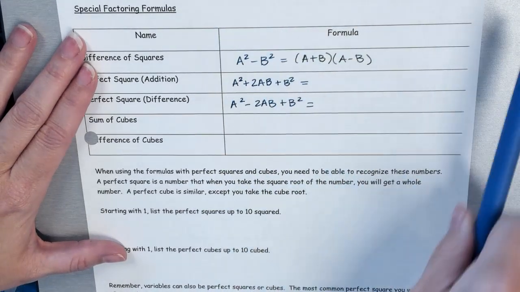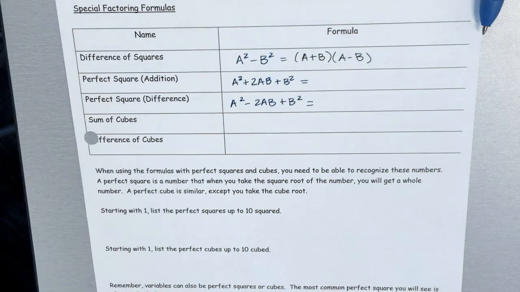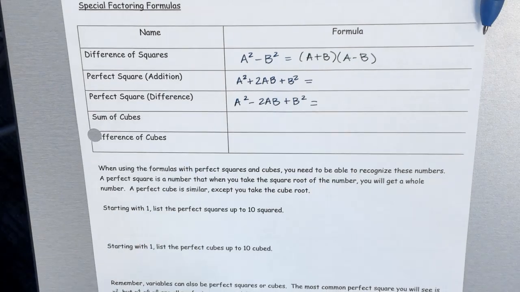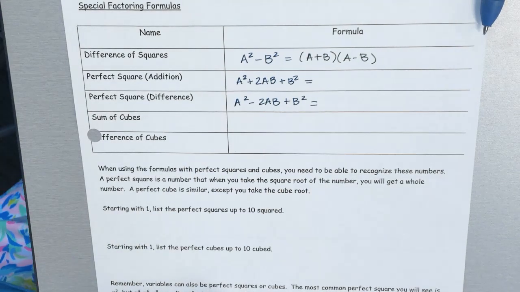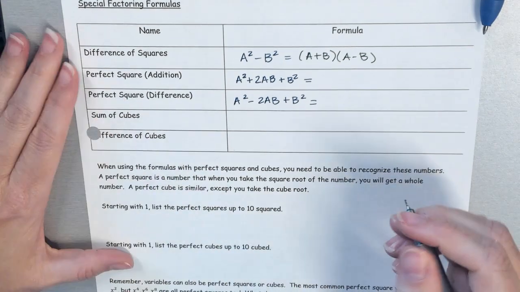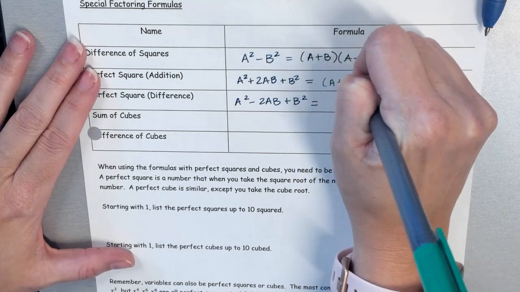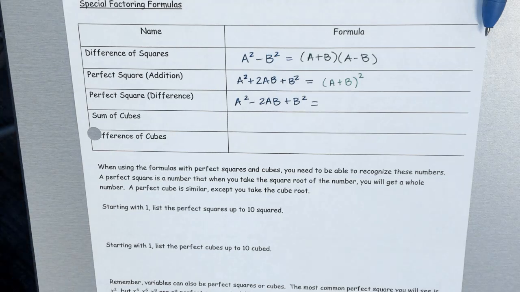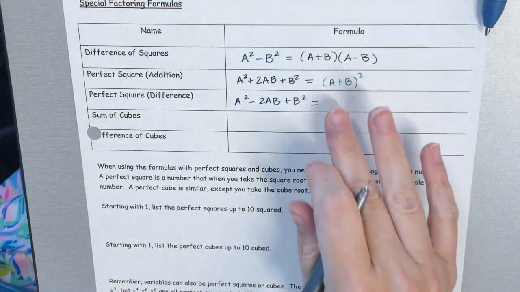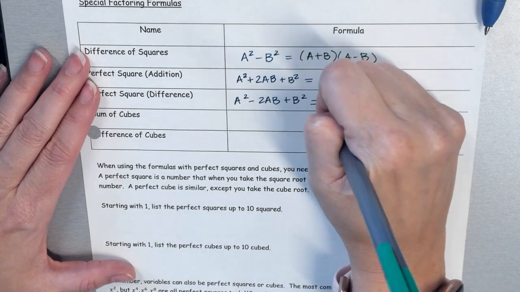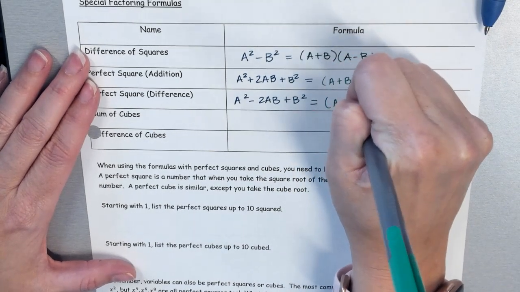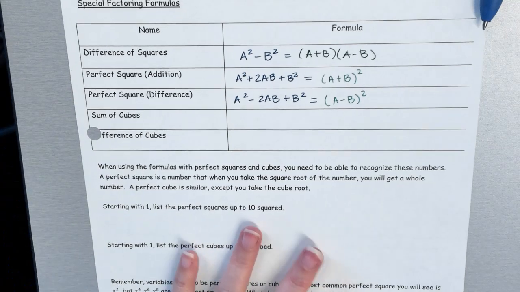Okay, but if you notice it starts and ends with a perfect square and the middle is double the product, then you can have the addition or the difference. So that would be a plus b squared. And so if you wrote a plus b times a plus b, you can always just write that as a plus b squared. Or you could have a minus b times a minus b, and that would be a minus b squared.